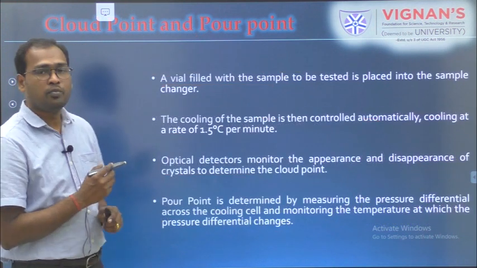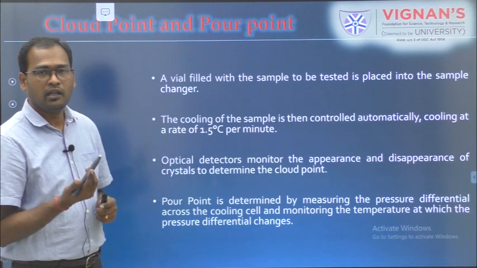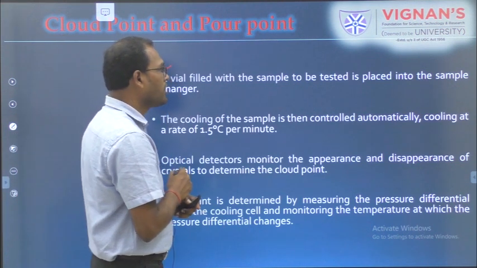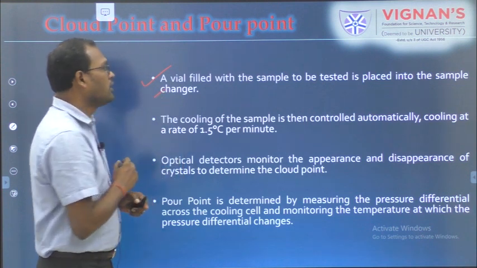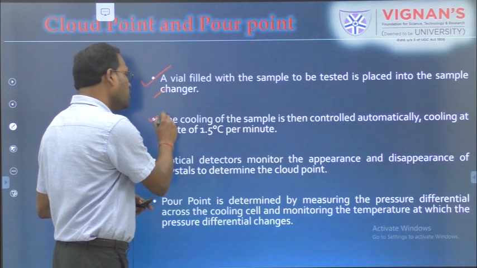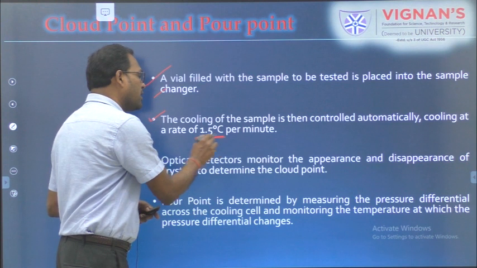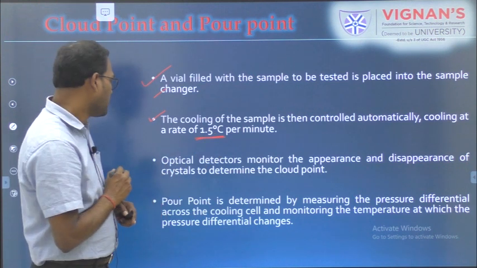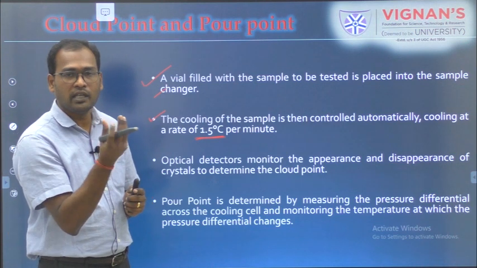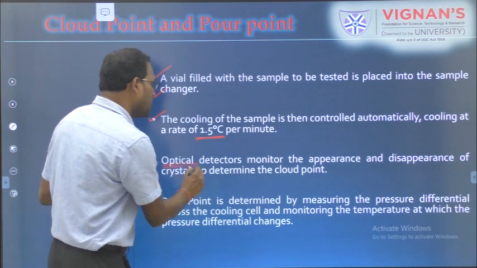So how are the cloud point and pour point measured? This is measured in a simple way. First, a vial is filled with the sample and placed into the sample changer, and the system is cooled in a controlled manner, at a rate of 1.5 degrees Celsius per minute, and the change in the cloudiness of the material is monitored by optical detectors.